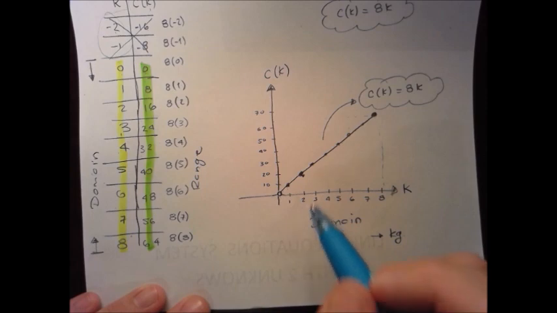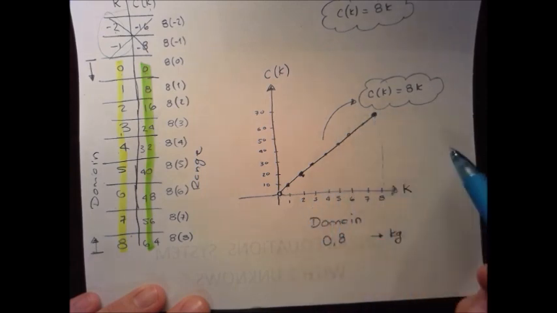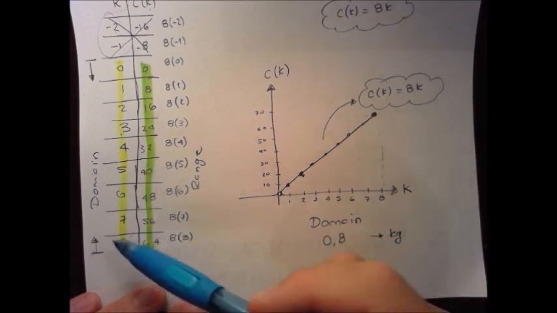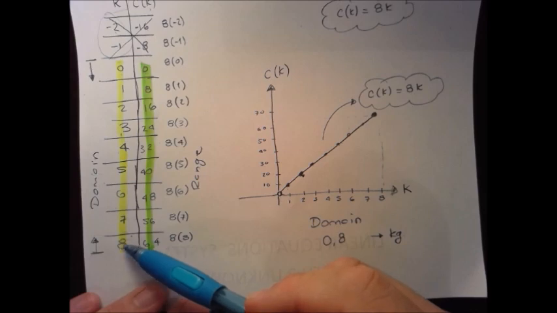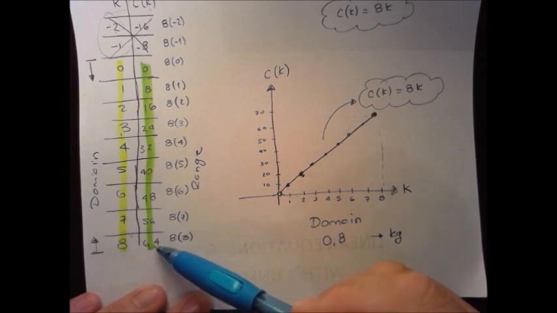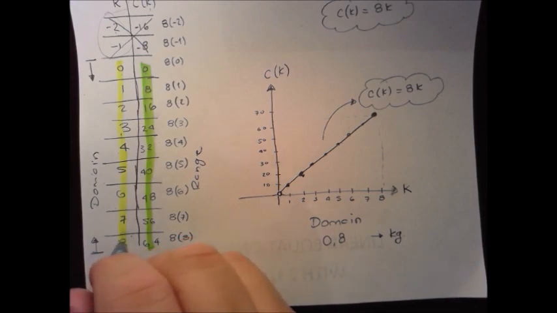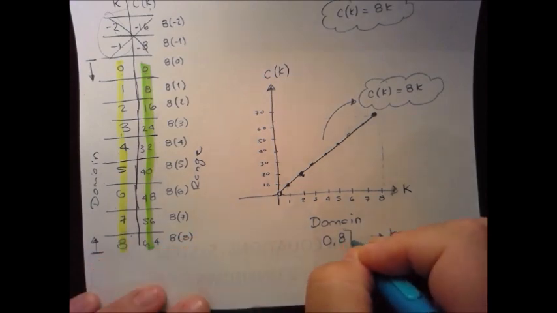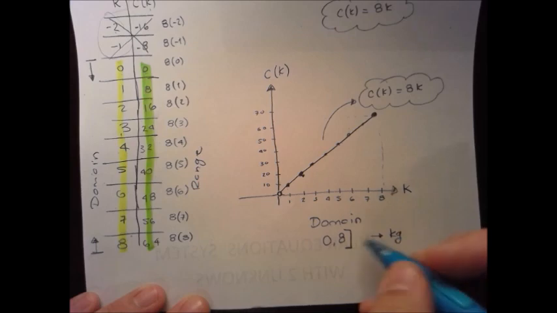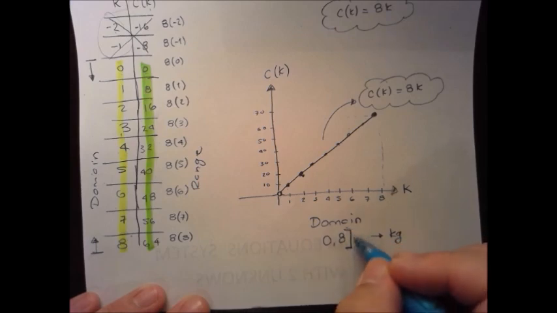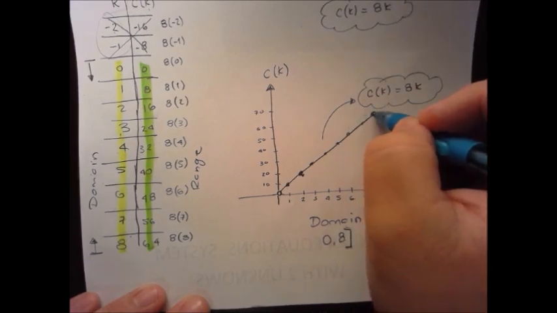When you know exactly where a point starts or finishes, for example, here the top is 8. We know when it finished. It finished at 8. If the top is 8, the cost top is going to be 64. All right. So we know that it finished. So the domain is going to be something like that, with that bracket. It represents that we know exactly when it finished.